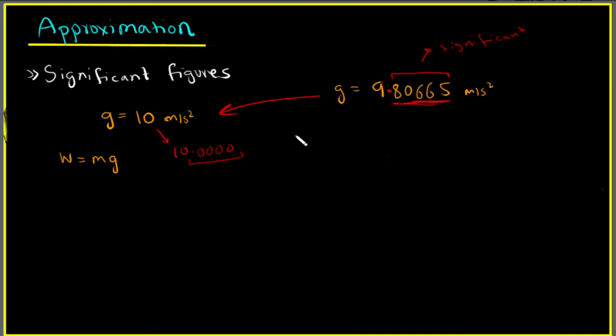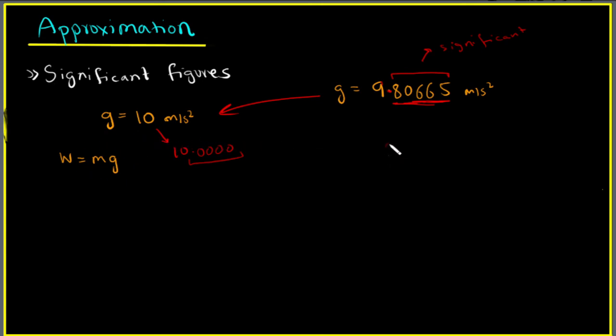So you're just reducing the significance of some of the digits of this value so that you can use it for your convenience. I just calculated my weight to be 600 newton without even using a calculator. But if I, for example, use the value 9.80665, I would have definitely needed a calculator or some mathematical working, and it could have wasted my time. So I'm not interested in my exact weight. I'm just interested in the concept, how this works. That is why I'm using this value.